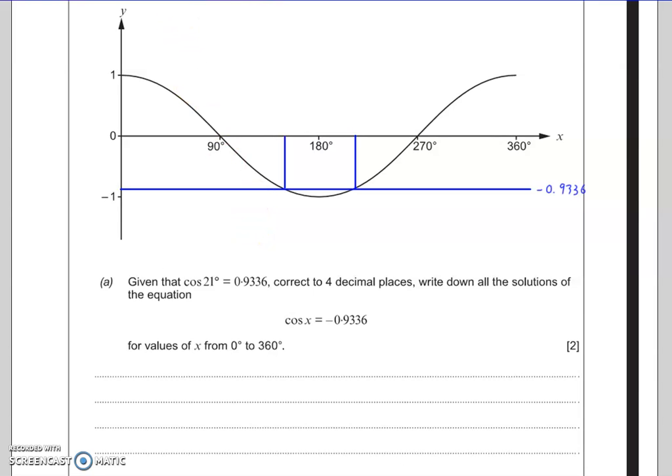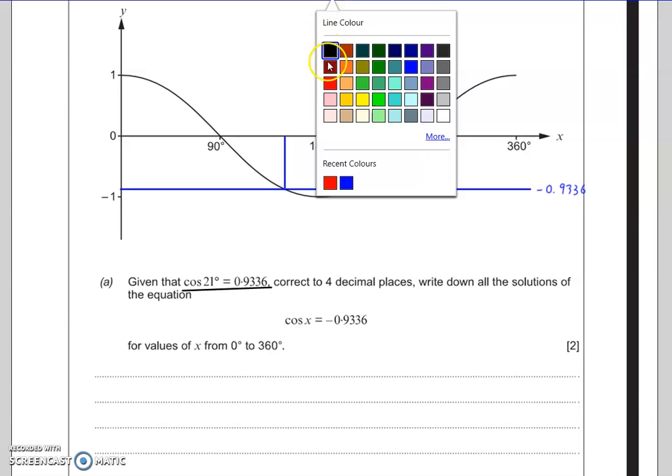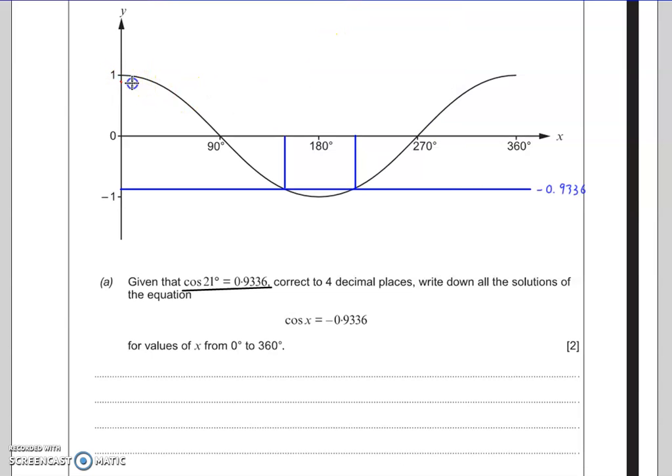And we've got, to help us, we're told here that cos 21 is positive 0.9336. So I'm going to draw that one as well. So that'll be right at the top up there, look. Which means that line that comes down, that must be 21 degrees there.